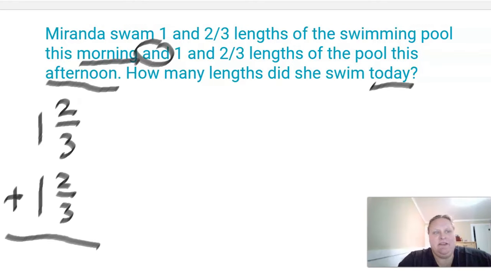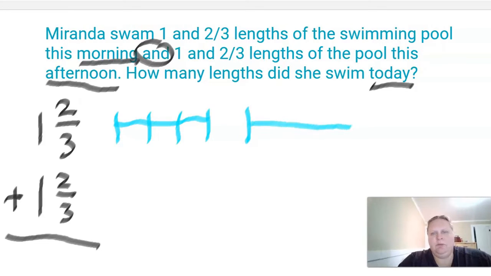Now let's draw a picture of this. Our denominator is 3, so that means our pieces are in 3 equal parts. So there's 3 pieces there. And I know that we have more than one whole, so I'm just going to make 2 because I know we're going to need them.